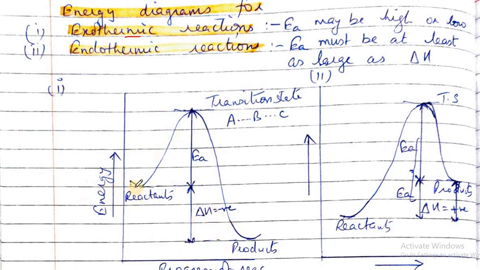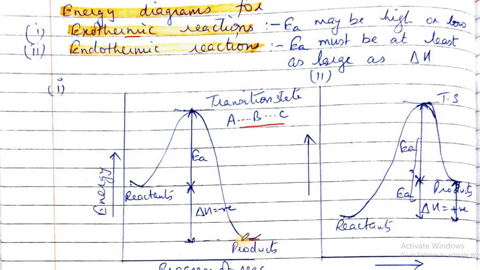In this, this is the energy of reactants, this is the energy of products, and when the reactants first get this additional amount of energy, the activation energy, they form the transition state. In the transition state, the bonds are in the process of breaking and in the process of formation. This is shown by dotted lines, and then they give the products.